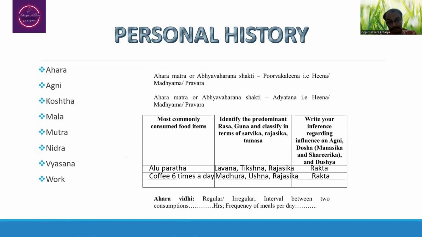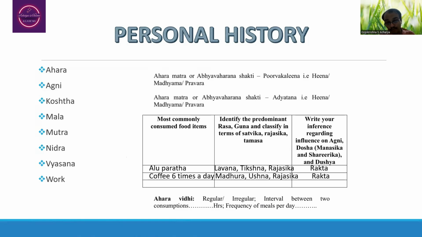Based on that, we can predict the koshtha, that means whether the person is able to pass fecal matter easily or with great difficulty. Sometimes even drinking one glass of water may lead to passage of bowels. So we have to note the koshtha and analyze it.